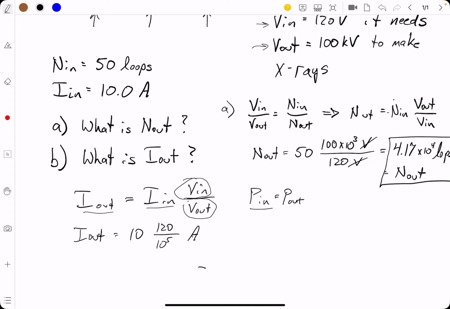And that ends up being I out equals 12.0 milliamps.